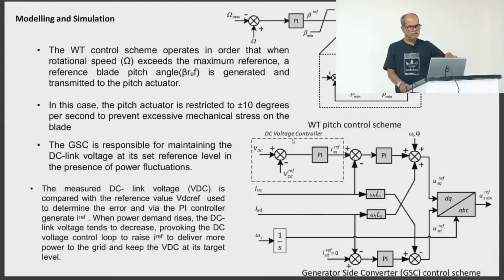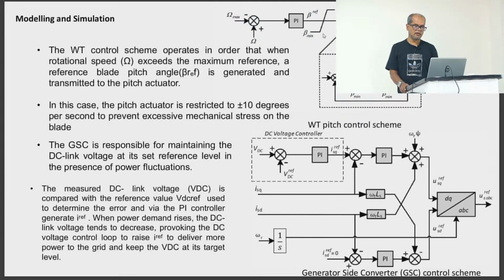Now, I already mentioned that for pitch control, what we need is the speed input, the rotational speed, and then depending on the reference, it is going to produce the pitch angle.